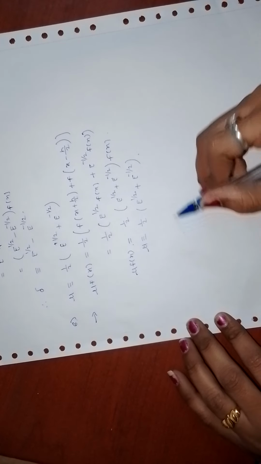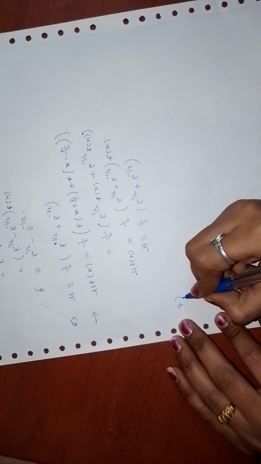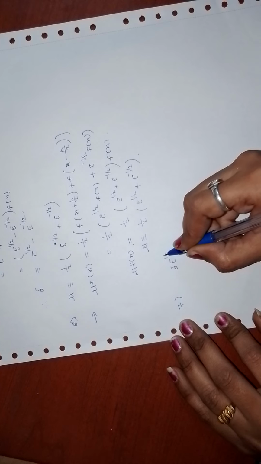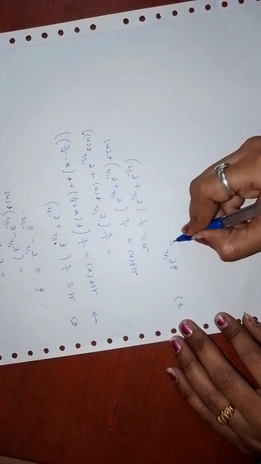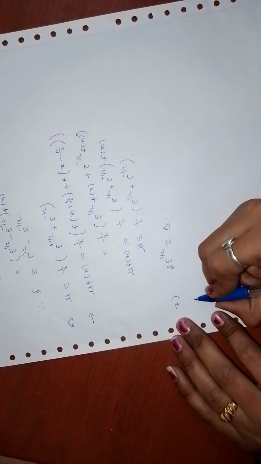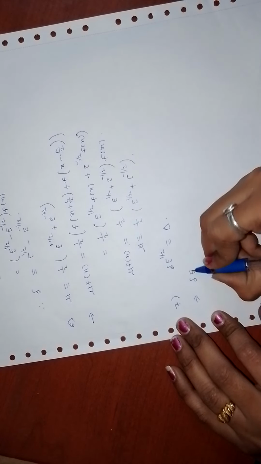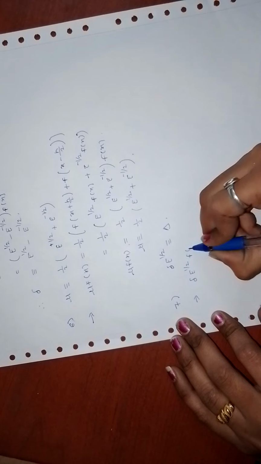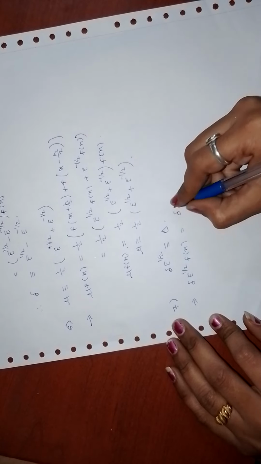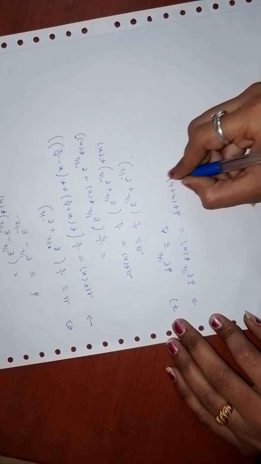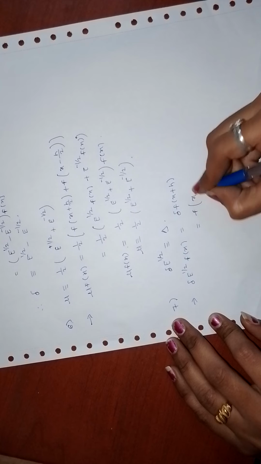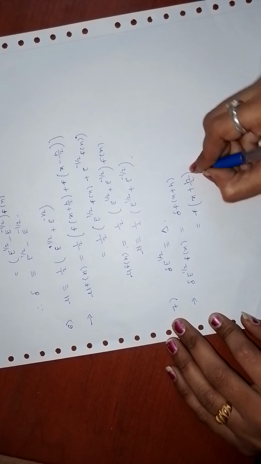Next one, the seventh property: delta E raised to 1 by 2 is congruent to capital delta. So delta E raised to 1 by 2 f of x, we get delta f of x plus h by 2. This can be written as f of x plus h by 2 minus f of x.